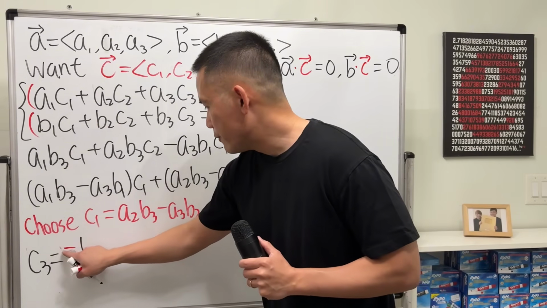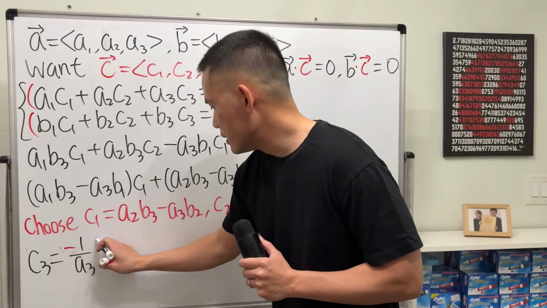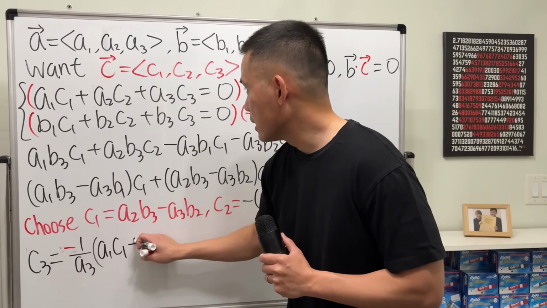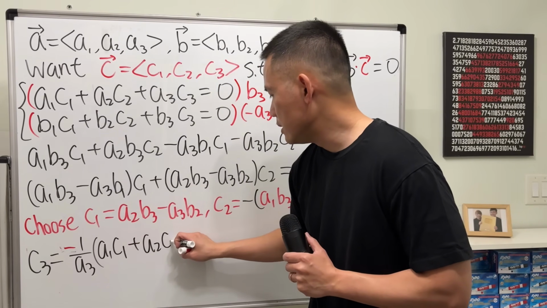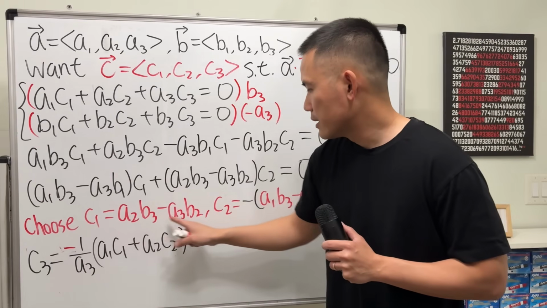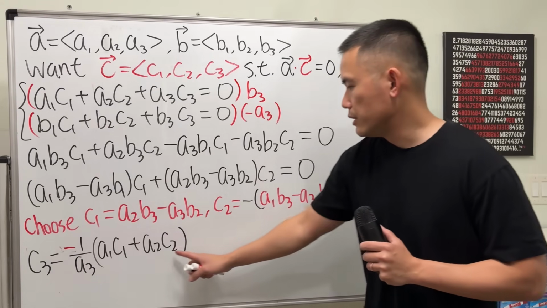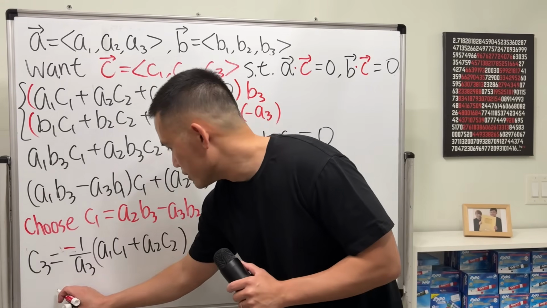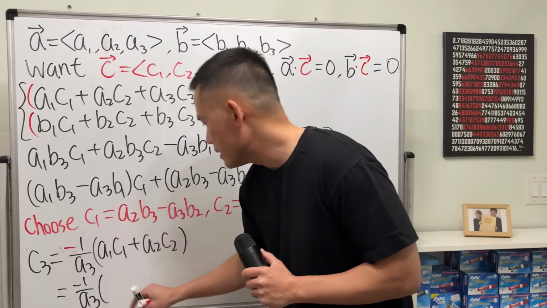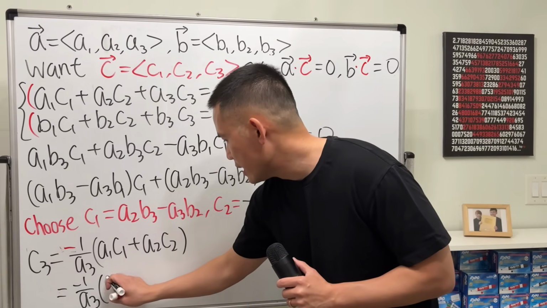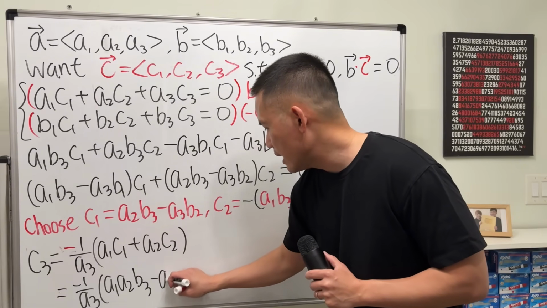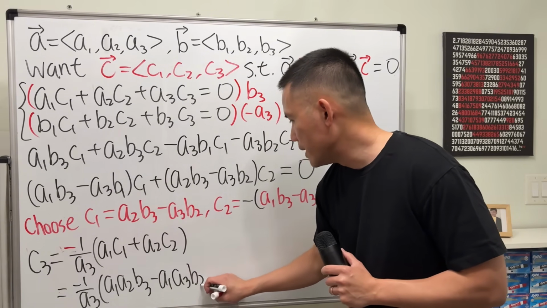Anyways, I factored out the negative right here already, so this is going to be A1C1 plus A2C2. So now I just have to plug this into C1 and this into C2 and then try to simplify it. So C3 equals negative 1 over A3 times A1 times this, we get A1 A2 B3 minus A1 A3 B2.